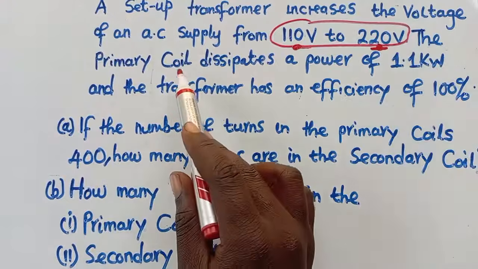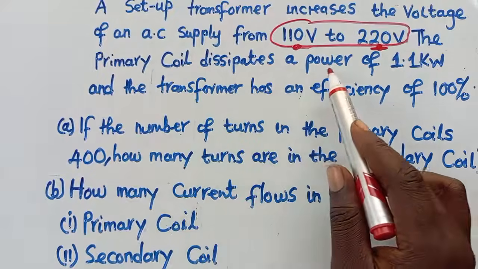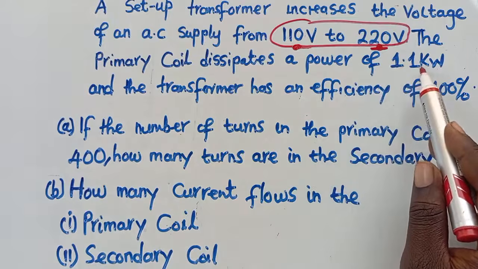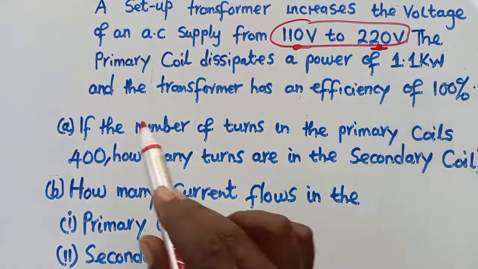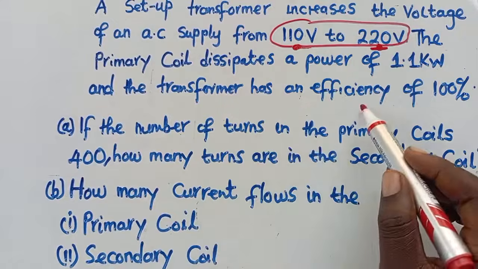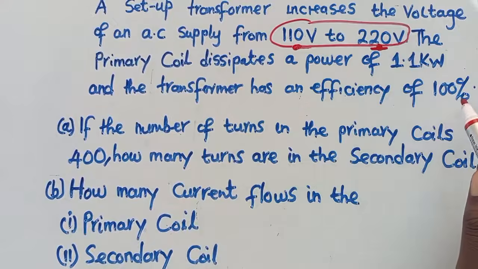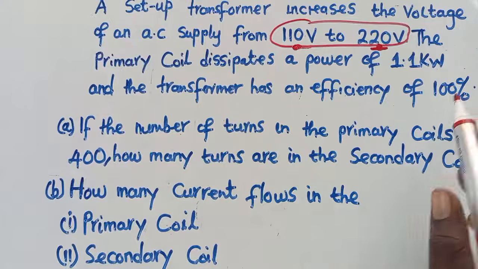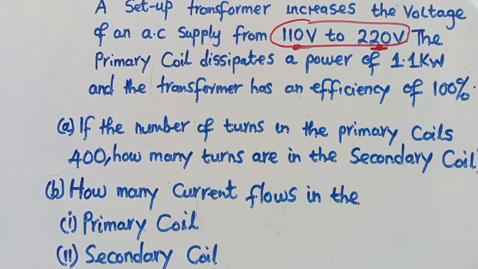The primary coil dispatches a power of 1.1 kilowatts, and the transformer has an efficiency of 100%. So these are the questions that I want to make simple. We can answer this particular question without even putting a transformer here.